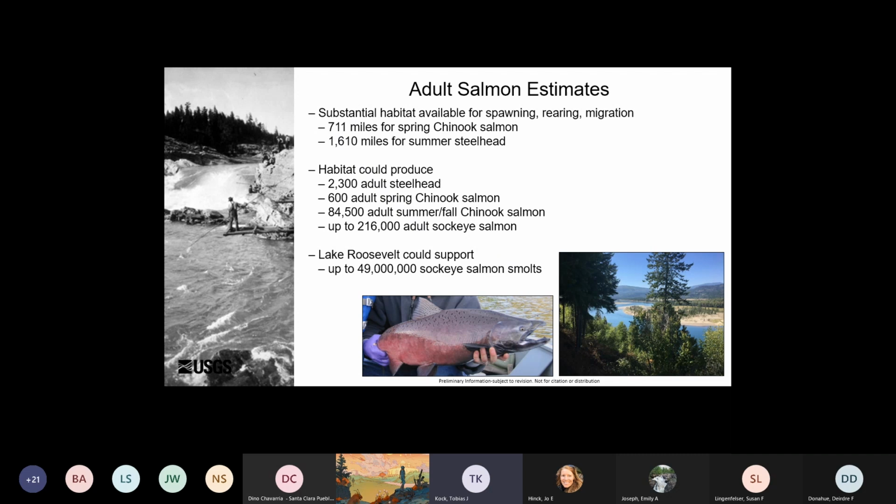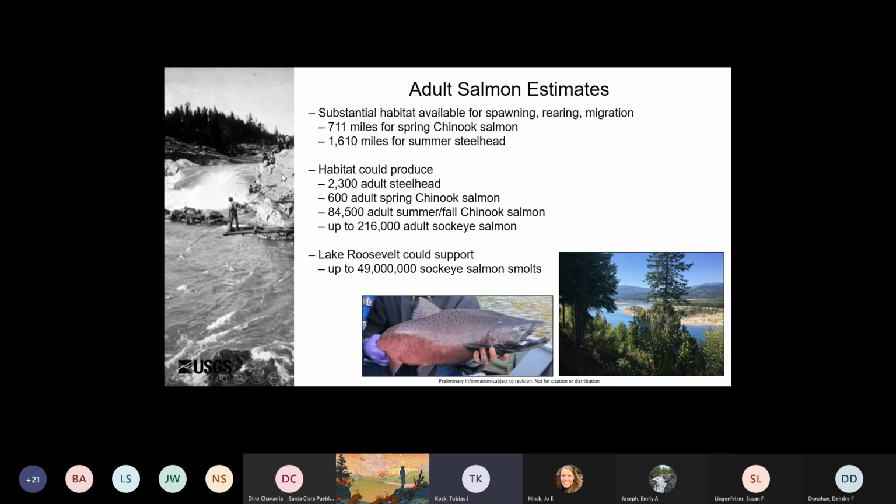As part of that phase 1 study, they examined the habitat. They used models to try to understand how much habitat was available, how much quality habitat was available. And you can see that they estimated somewhere between 700 and about 1,600 miles of habitat would be available for the various species, from spring Chinook salmon, fall Chinook salmon, sockeye, steelhead.